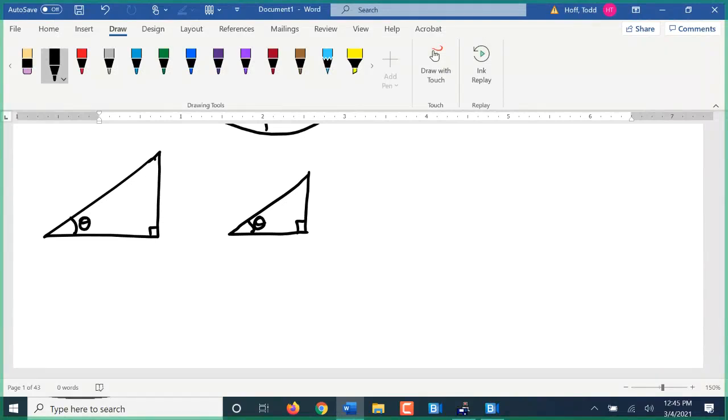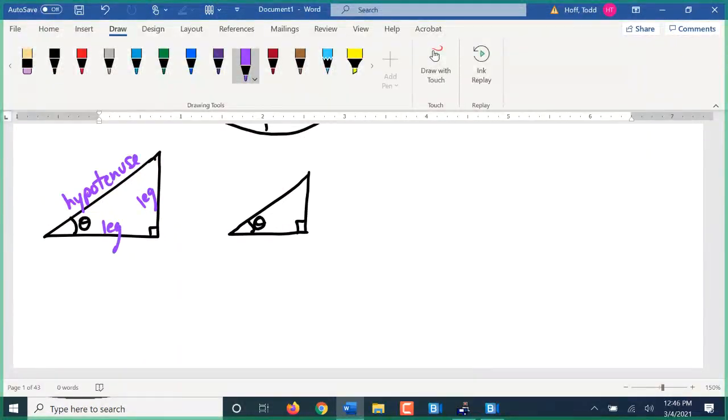Well, let's look at this first one over here as a main triangle that has dimensions on. We're not going to actually put those dimensions on, but I'm going to label the sides. We know that in a right triangle, the side that is across from the right angle is called the hypotenuse. The other two sides are called legs.